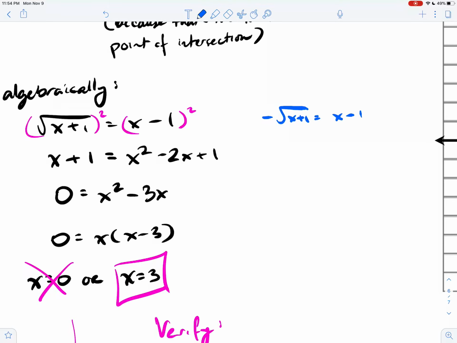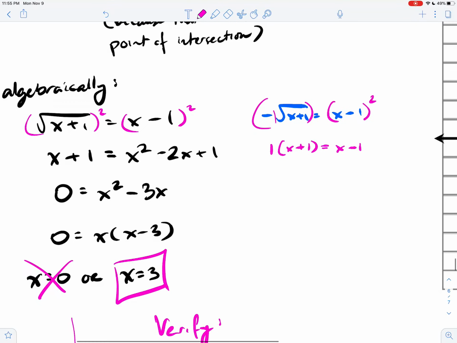Well, I'd probably still square it, but that would still just give me negative 1 times negative 1 is just 1 times the root of x plus 1. So it gets me to the same square, x squared minus 2x plus 1, even though this one had a negative and that one had a positive.